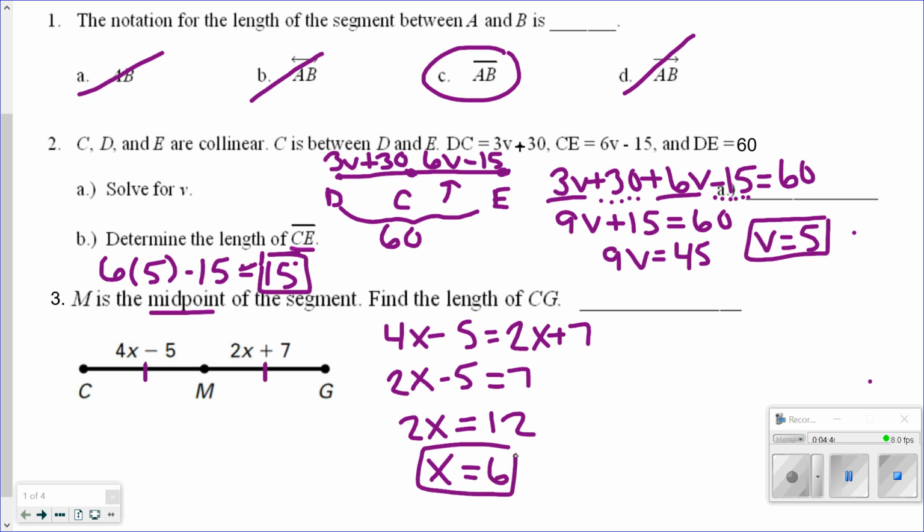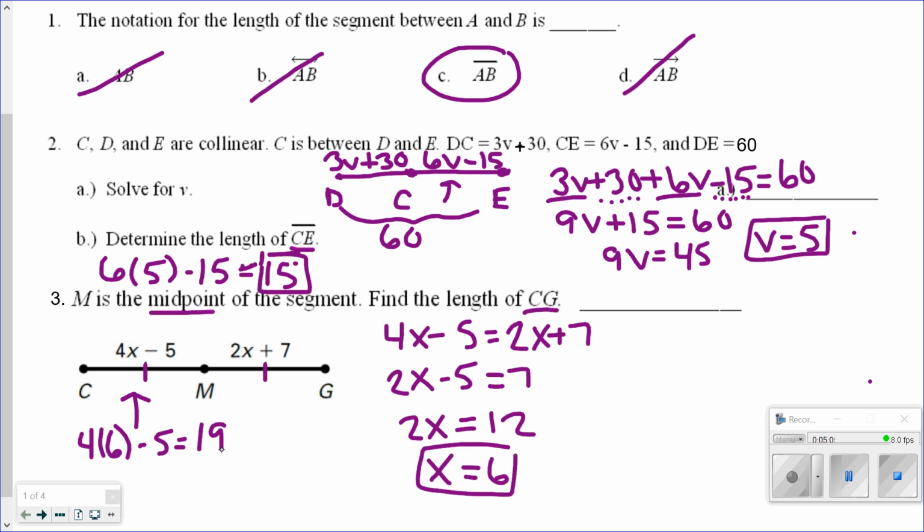All right, the last part here says find CG. So here's my expression for CG. If I plug this in, 4 times 6 minus 5, I end up getting 19. Now let's look for MG. That should also be 19, but let's just double check.